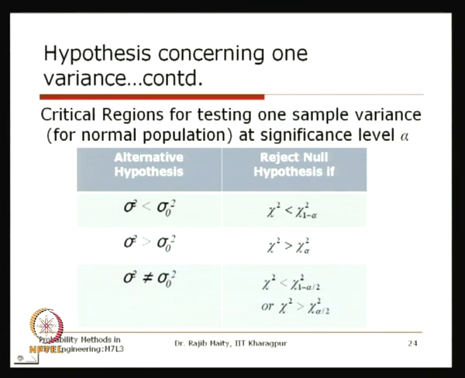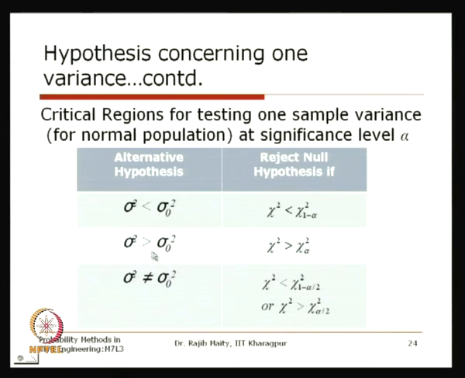Now, the critical region for testing one sample variance, and of course, here the assumption is that the population from where the sample is drawn has a normal distribution, at the significance level alpha. If it is a left sided test, then if the statistic that we have discussed so far, n minus 1 times the sample variance divided by the population variance, is less than the chi-square value at 1 minus alpha cumulative, then we should reject the null hypothesis.